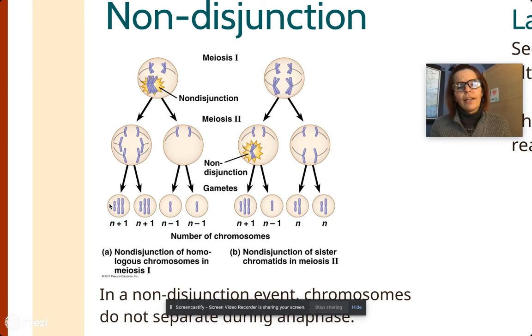That is called a trisomy. What that means is that individual has 3 copies of the same chromosome. And when that happens in a sex cell, the offspring always has some kind of a syndrome associated with it.